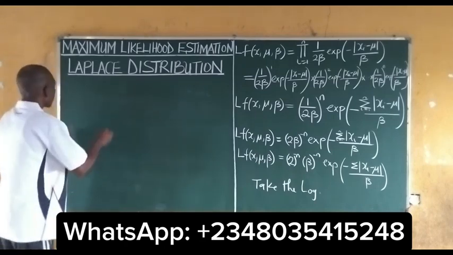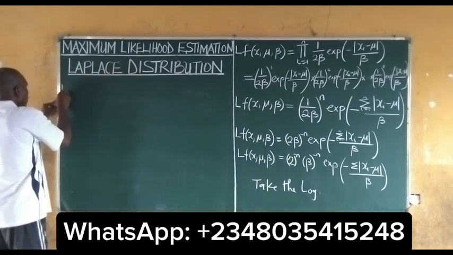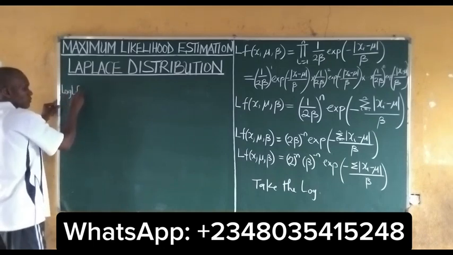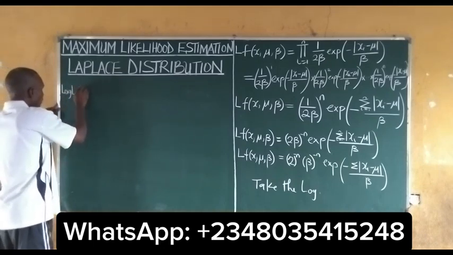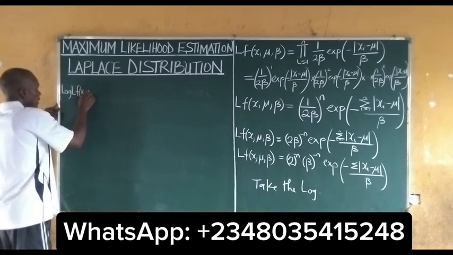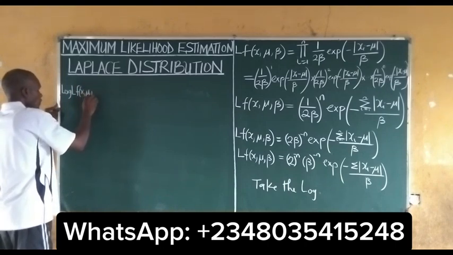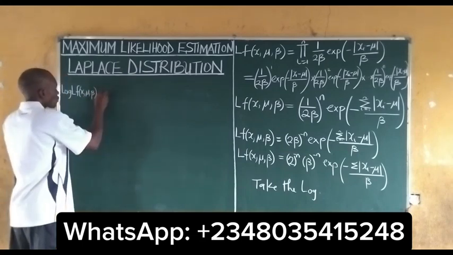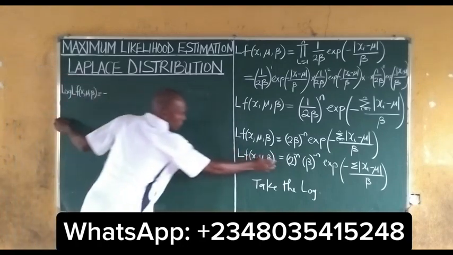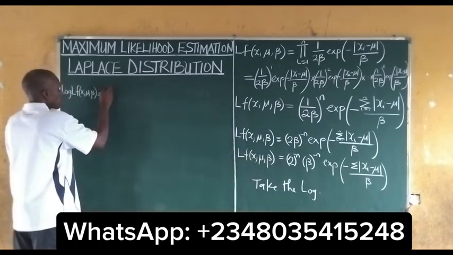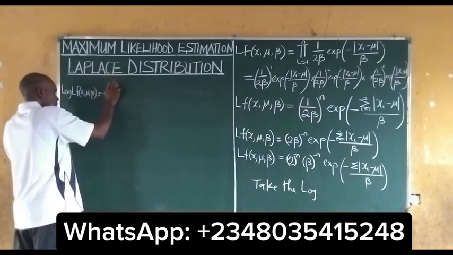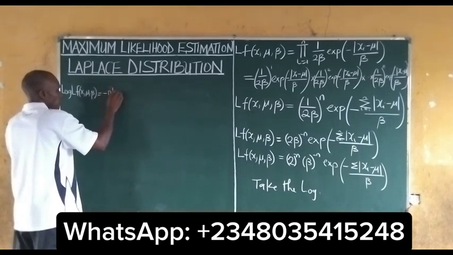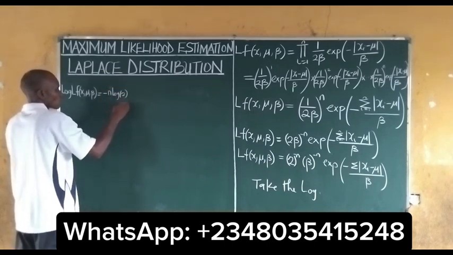Taking the log, we'll write the log of the likelihood function of the Laplace distribution as equal to: if you take the log of this, you get negative n log 2.